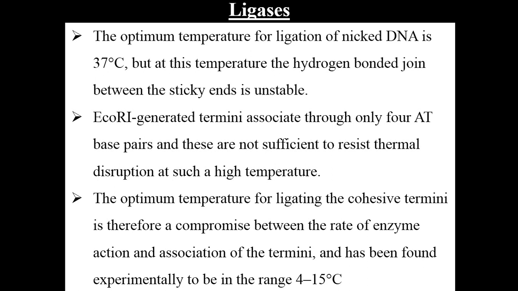The optimum temperature required for the ligation reaction is 37 degrees, but at this temperature the hydrogen bond join between the sticky ends is unstable. So mostly ligation is carried out at lower temperatures, 4 to 15 degrees Celsius overnight.